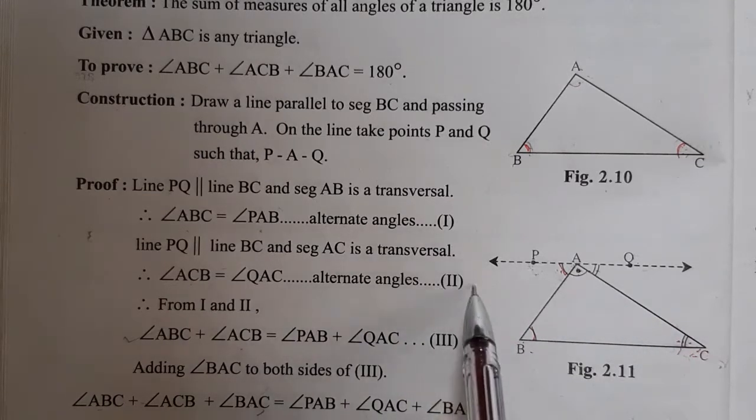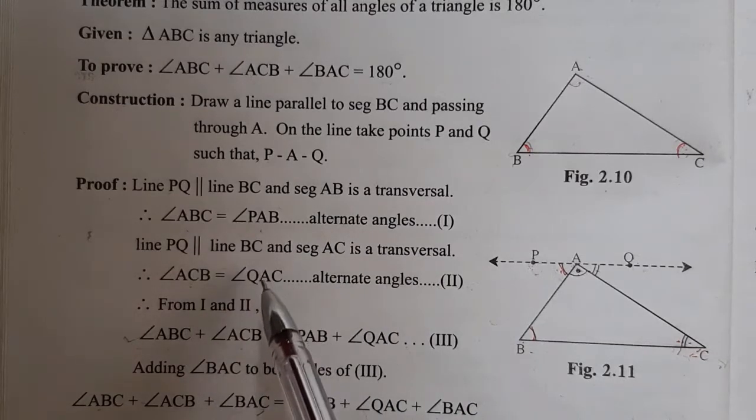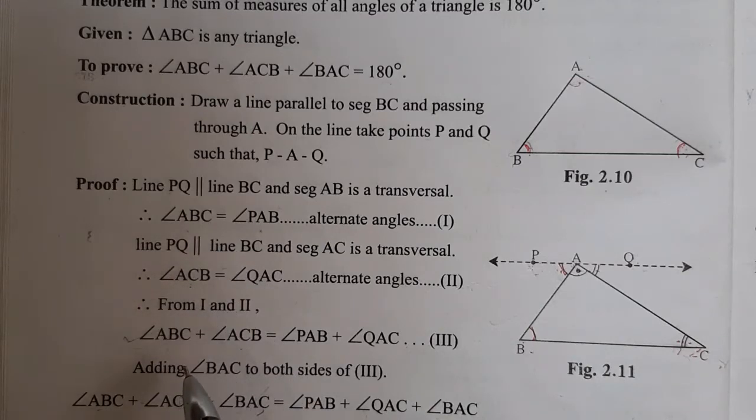Now from 1 and 2, we have to do the addition of the left hand side and the addition of the right hand side. When we add the left hand side, we get angle ABC plus angle ACB equals angle PAB plus angle QAC. For that we give the number 3.